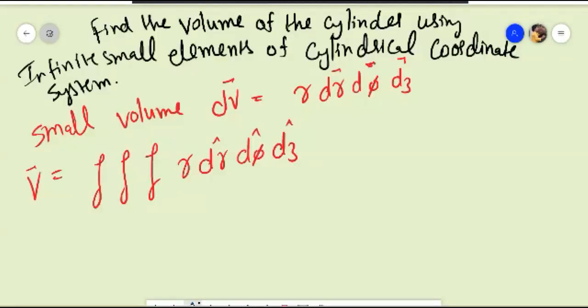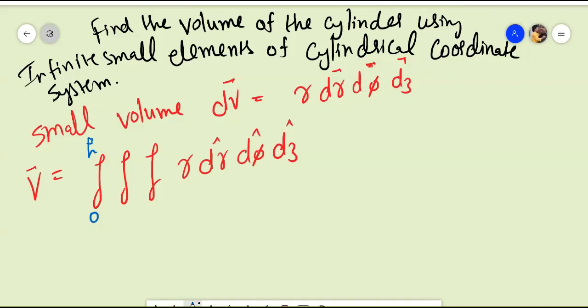Because one is the vertical element, the vertical element will be moving from 0 to height h, and the tangential element will be moving from 0 to 2 pi, and then the radial element will move from 0 to r. Okay, so let us multiply all these three, and we will have r, and then we have dr, the radial element, and then we have the dz, the vertical element.